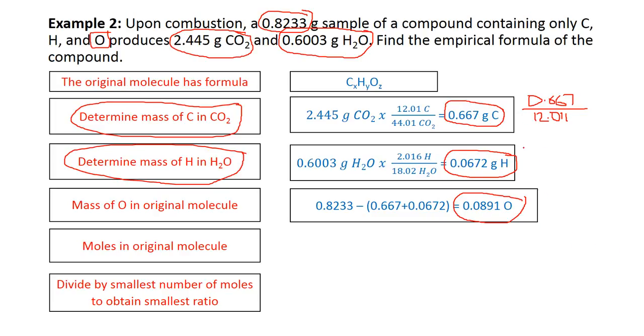We do the same thing with hydrogen, 0.0672 divided by 1.008, so we get the number of moles of hydrogen.